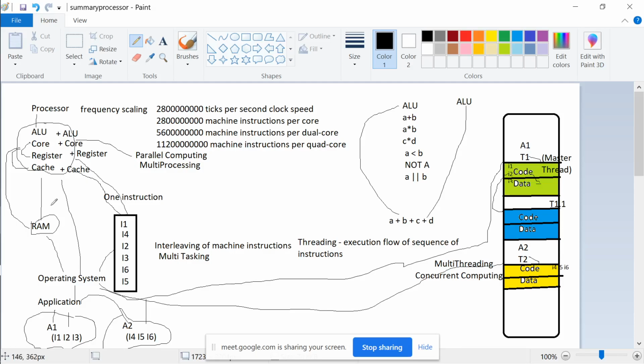Then from the register you transfer it to the cache, you transfer it to the RAM, it doesn't matter. But a register is not very big. You cannot store a lot of data in it. You may have a register of maybe a few kilobytes, a cache of maybe 100 kilobytes, and RAM will be in gigabytes. So it depends on how big your memory is and how much you can pack in one processor.